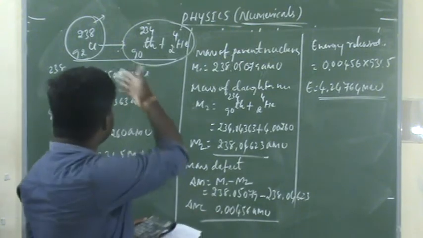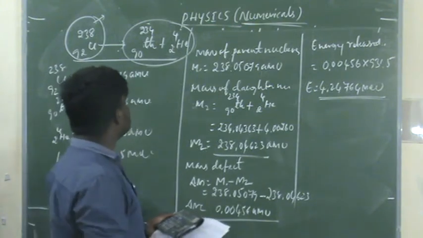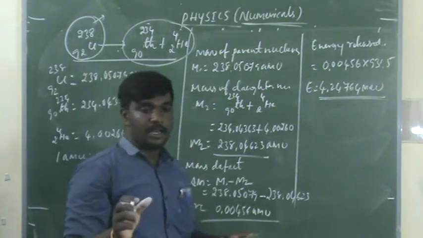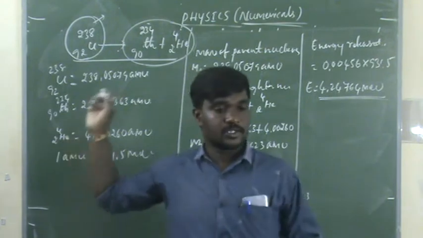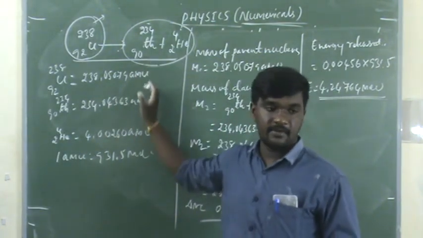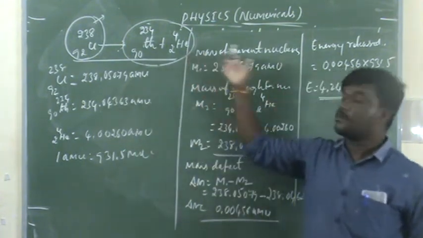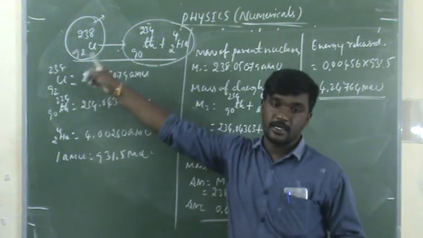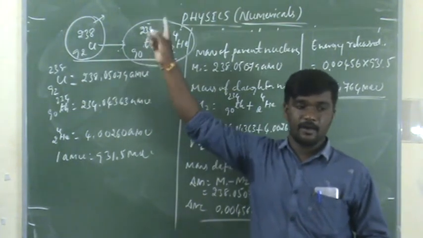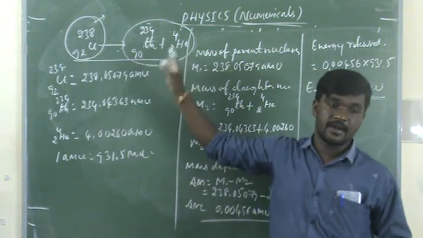Clear? So this is the reaction. Uranium converts, splitting into two atoms, that is thorium and helium, and they also gave the data. By using that data, first the mass of this is the reactant and this is the product, also called the parent element and the daughter element.